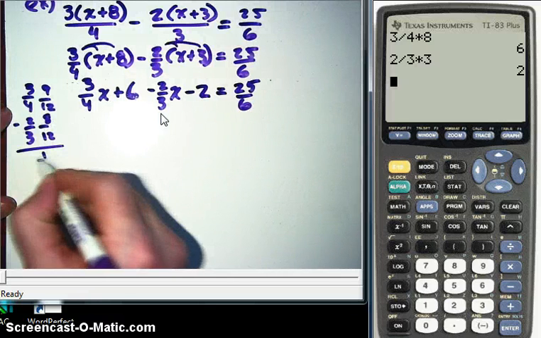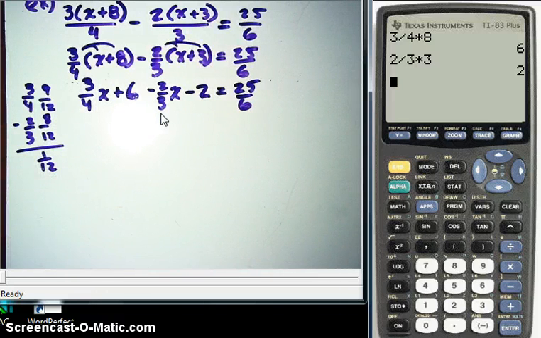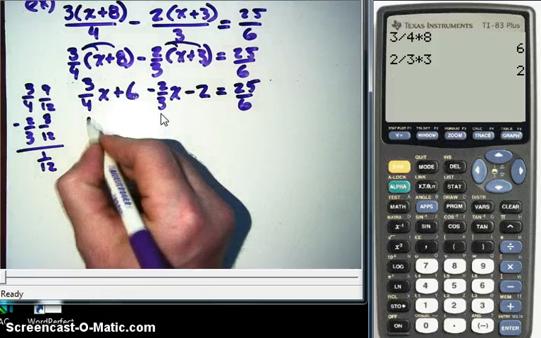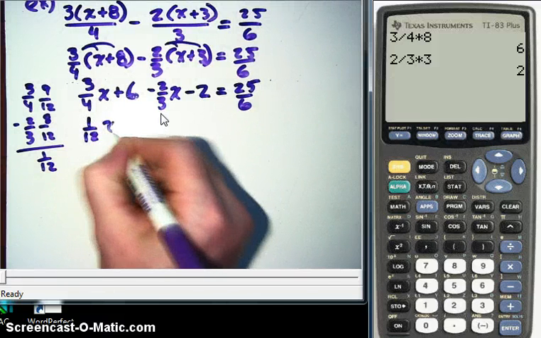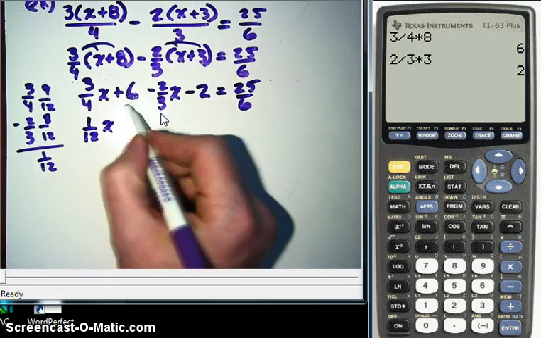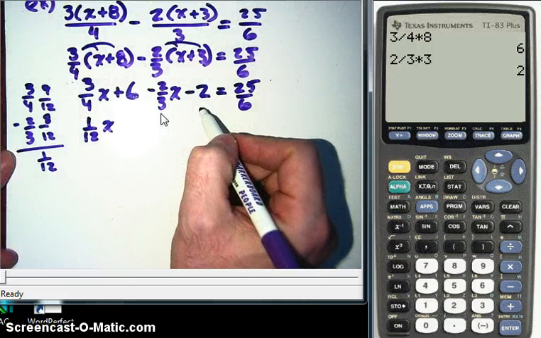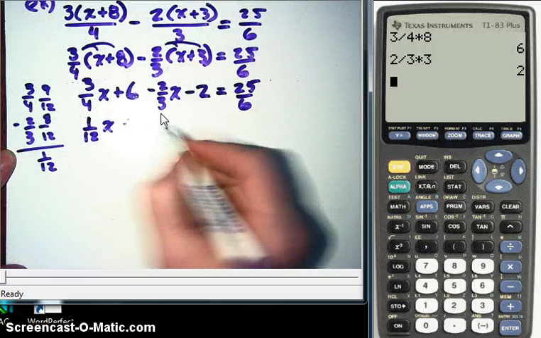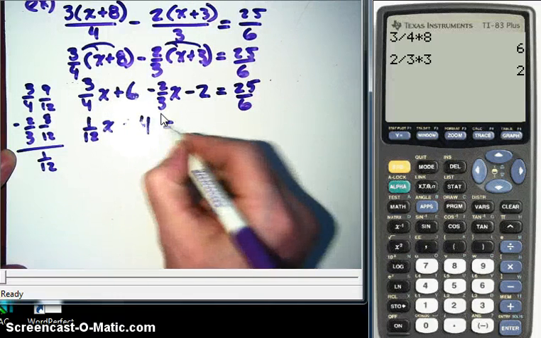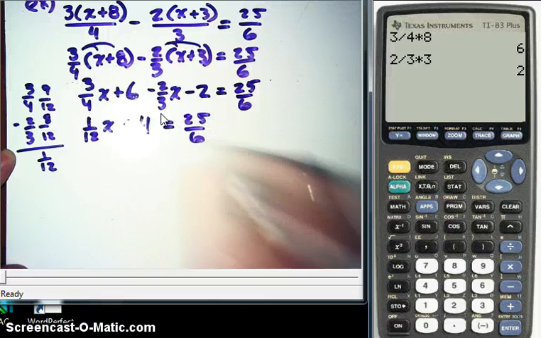So this is going to be a total of 1/12 x. And then 6 minus 2, which is going to be positive 4, equals 25 over 6.